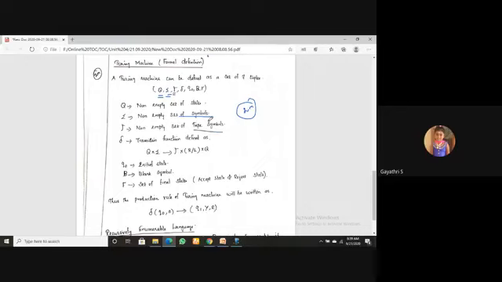Delta is the transition function, Q naught is the starting state, B is the blank symbol in the Turing machine, and F is the set of final states.